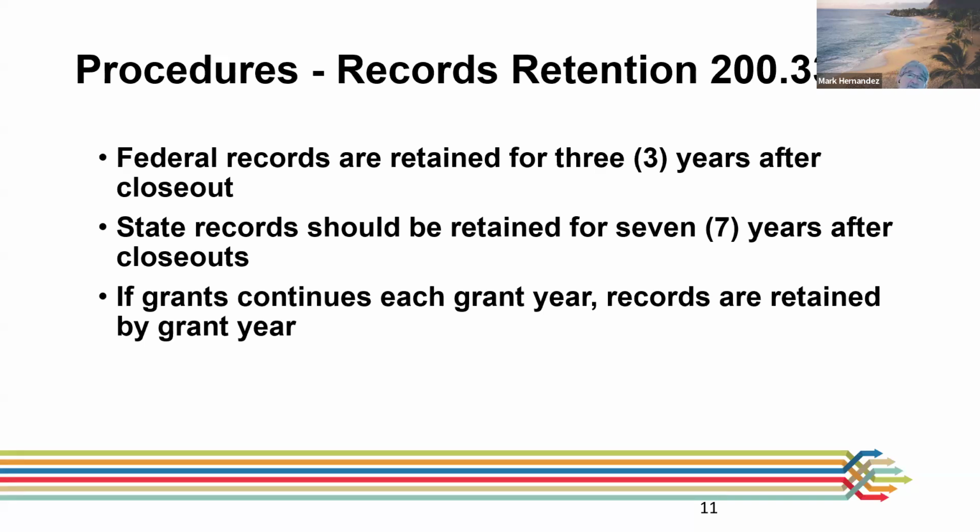This makes it difficult for organizations, because do you do a tier of retainment, where for all federal grants we're using the 3-year and for all state grants the 7-year, or some organizations say, we want to be safe and very conservative, and any grant will stay for 7 years.